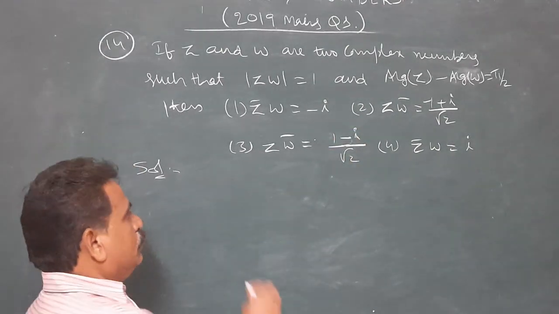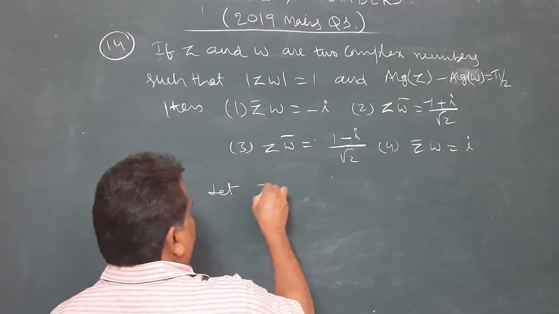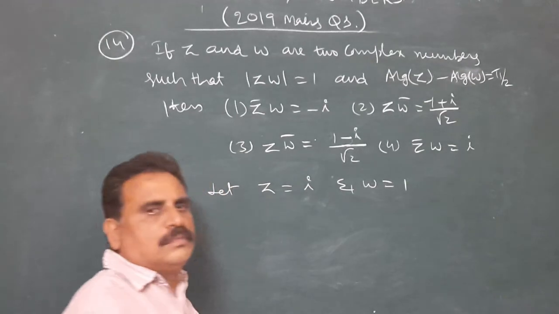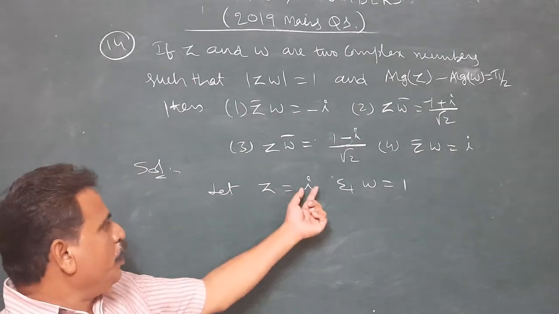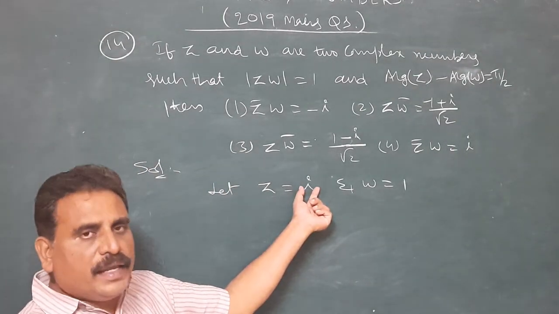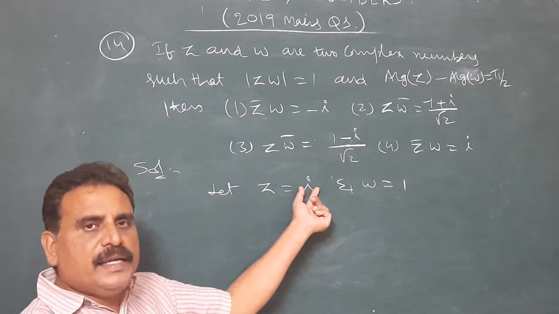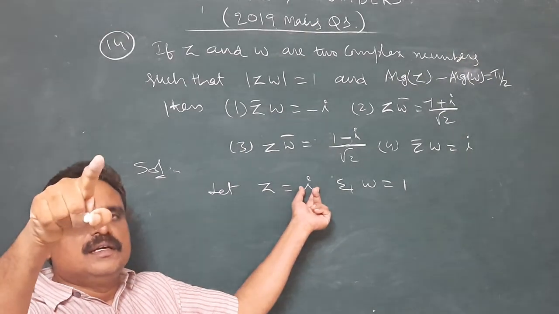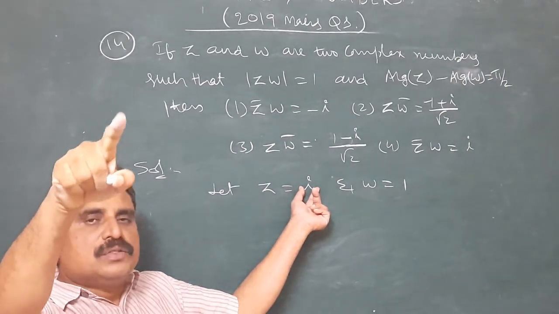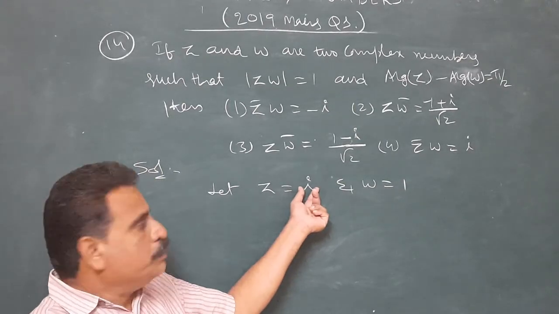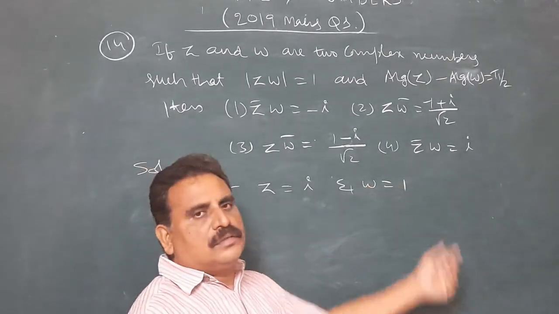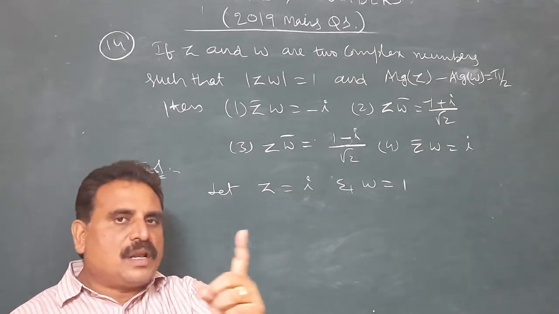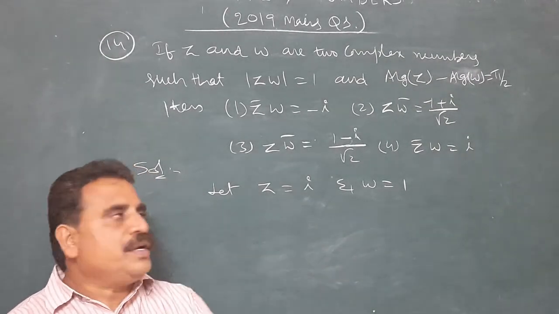Let us take z equals i and w equals 1 by verification. Argument of z, argument of i equals pi by 2. i lies on the positive y-axis, so that argument is pi by 2. Argument of 1, that is a positive real number, that means it lies on the positive x-axis, so that argument is 0.